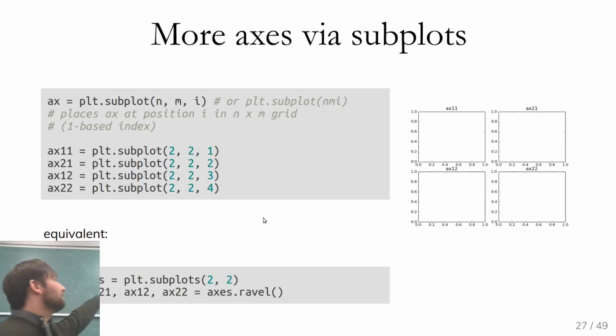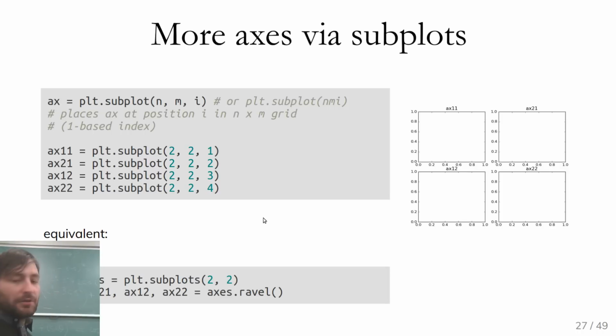One is I call plt.subplot(n, m, i), which says that in a grid of size n times m, it will plot at position i. So i goes from 1 to the number of possible positions. This is basically straight from MATLAB, and so it's kind of weird why it starts with 1.